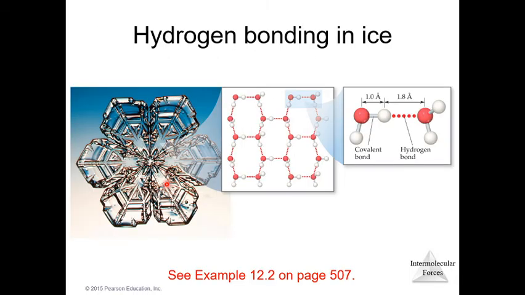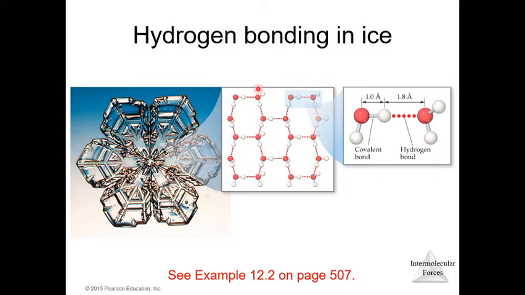It also helps explain water's behavior when it solidifies. Why do we get this crystalline structure of, say, a snowflake? Well, what's happening is hydrogen bonding forces water to form a lattice when it freezes. And it's a very geometric lattice, and when you have this geometric lattice, you get a crystalline appearance.